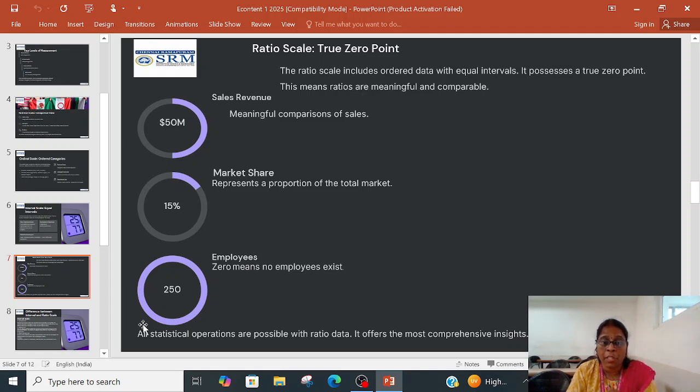If there are 0 employees, it means no employees exist. So, there is a true zero here, not in the interval scale, right? So, all statistical operations are possible with ratio data. It offers the most comprehensive findings or insights.